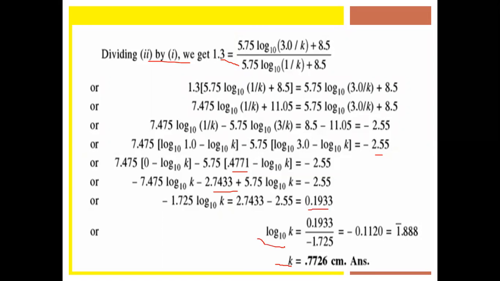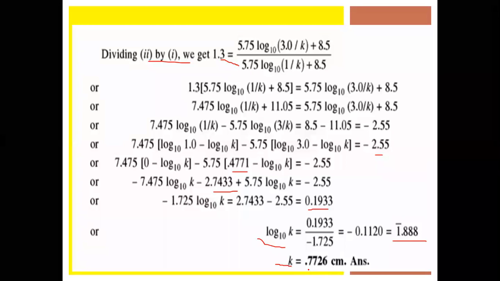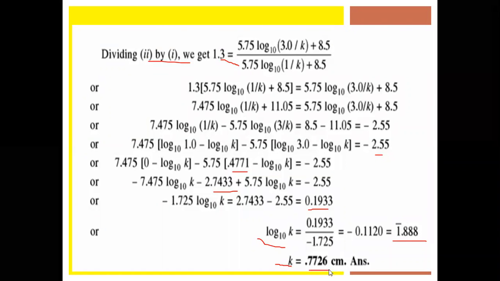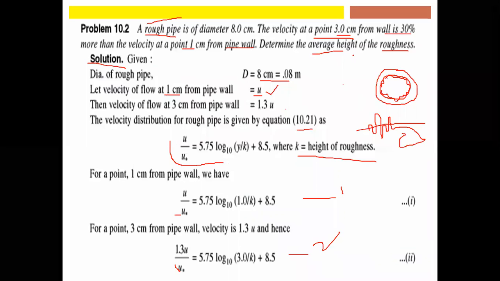Therefore, log k is equal to, dividing, taking this value downside, the value 1.88. So k is equal to antilog of 1.88, which is 0.7726. Therefore the average height of the roughness is 0.7726.